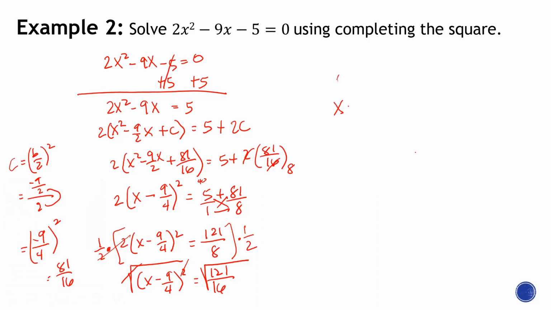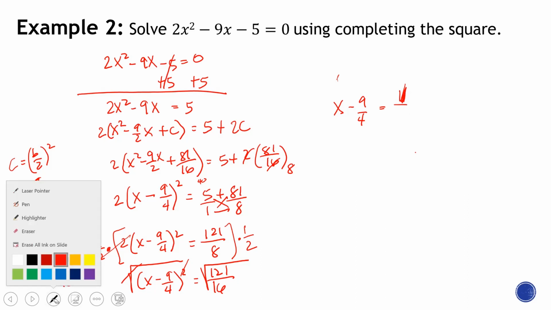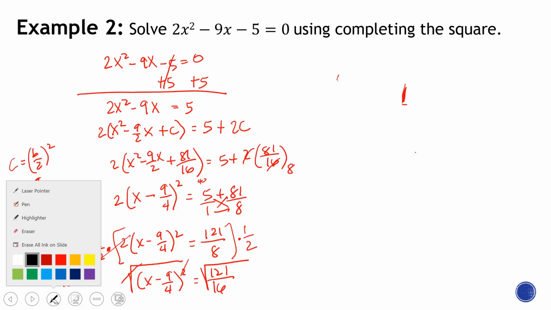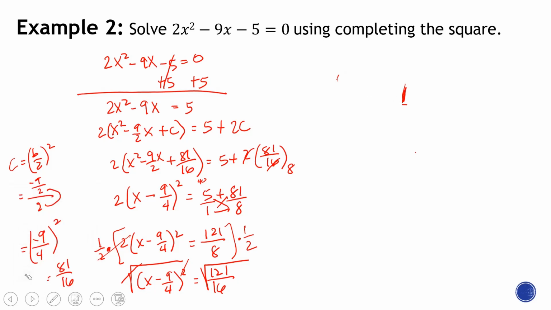Okay, sorry about that. Let me just write: x minus 9 over 4 equals 11 over 4.